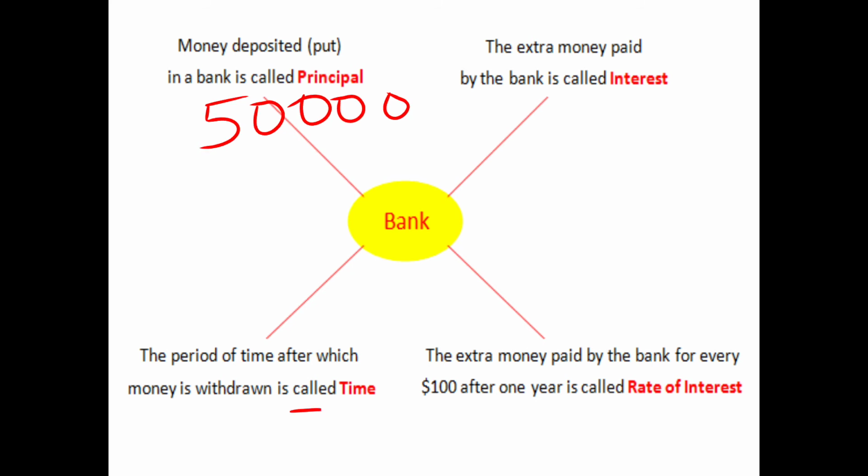That is called the time. How long you keep the 50,000 in your bank, that is the time. The extra money paid by the bank for every $100 after 1 year is called the rate of interest. So one year only they will calculate. This is the way we get the interest from the bank.